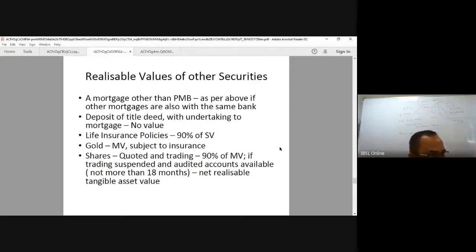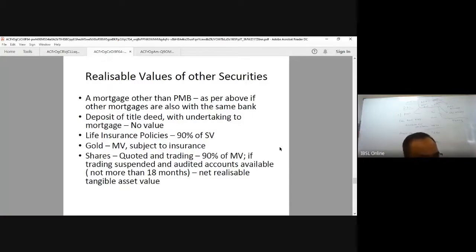Now, if you have primary, secondary, tertiary, and all with the same bank, and the primary mortgage bond is cancelled, keep in mind, in the land registry, you register the mortgages in order. And what happens is that if the primary mortgage bond is cancelled, the secondary mortgage will take the position of primary.